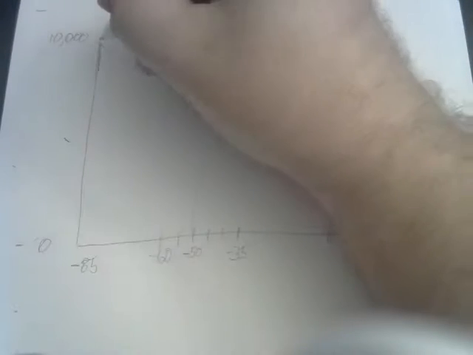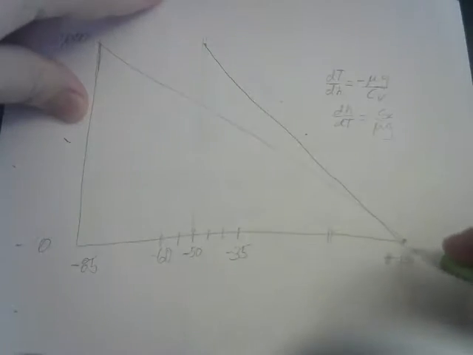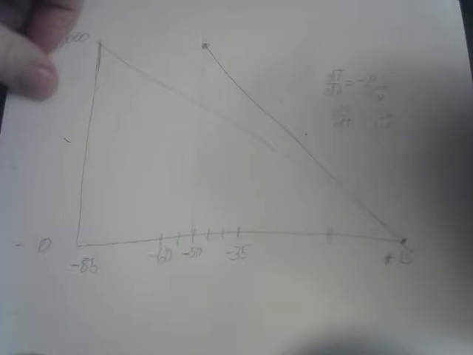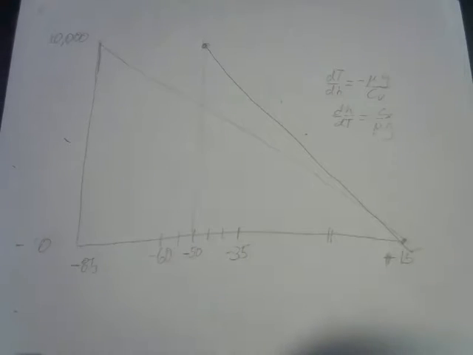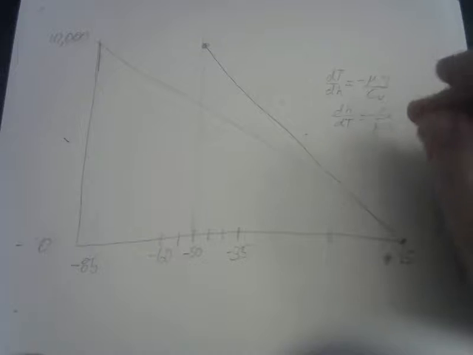And instead of reaching minus 85 at 10,000, we are going to reach minus 50 at 10,000. What phenomenon might explain that, instead of having dh/dT equals c sub v over mu g, we have a steeper quantity, that there's actually more height than that?